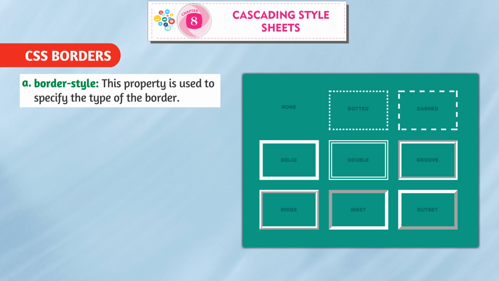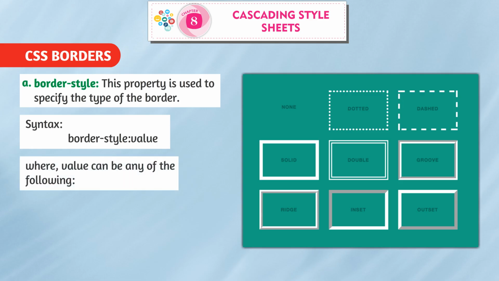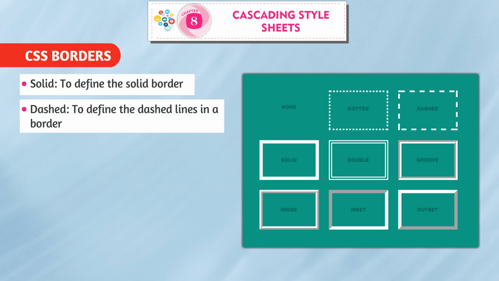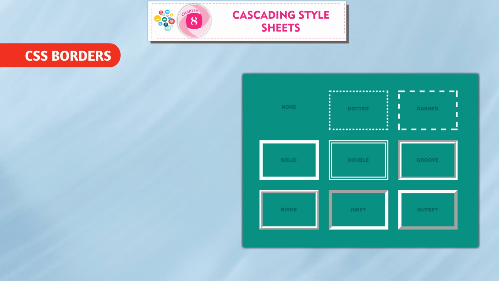A. Border style. This property is used to specify the type of the border. Syntax: border-style: value, where value can be any of the following. Solid, to define the solid border. Dashed, to define the dashed lines in a border. Dotted, to define a dotted border. Double, to define double border.